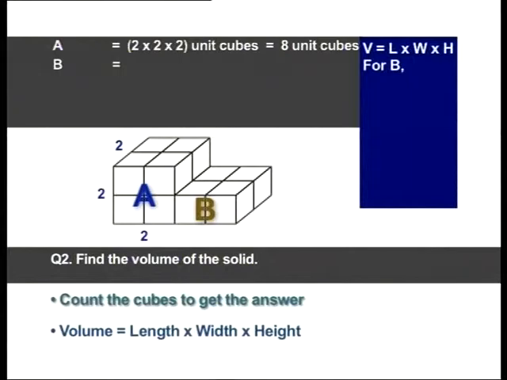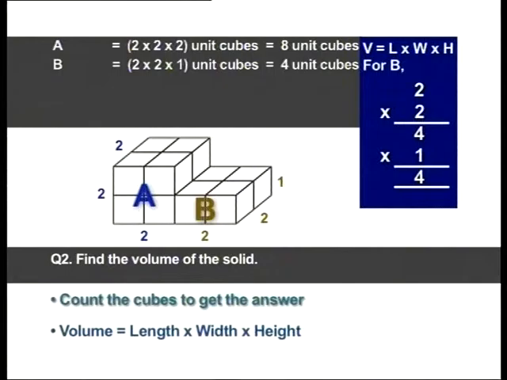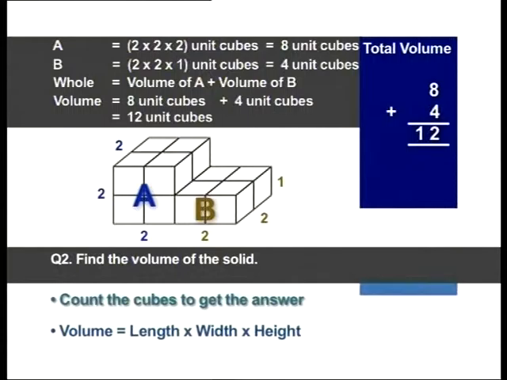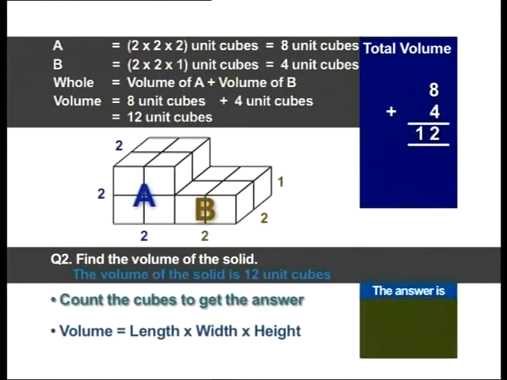For B, 2 unit cubes of length, 2 unit cubes of width, and 1 unit cube of height, which is equal to 4 unit cubes. To get the whole volume, we add A and B. 8 unit cubes plus 4 unit cubes equals 12 unit cubes. The answer is 12 unit cubes.